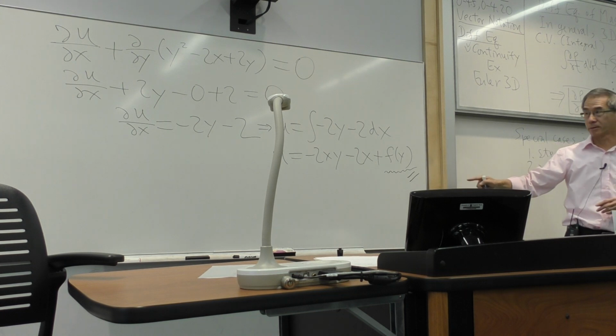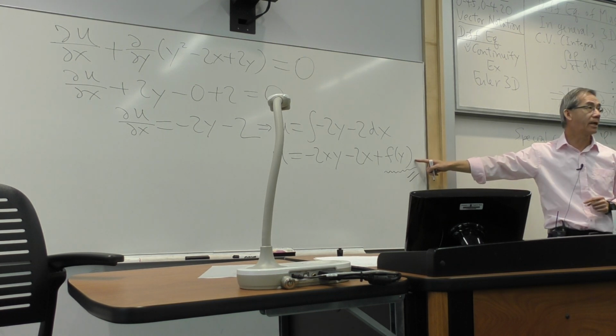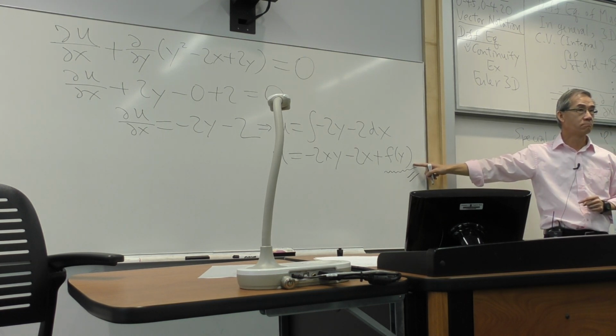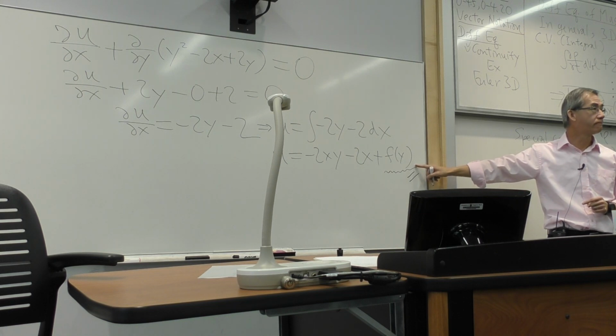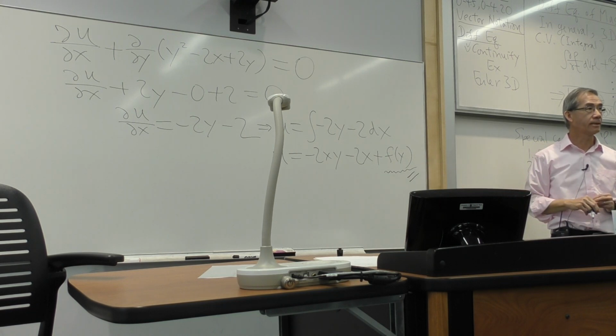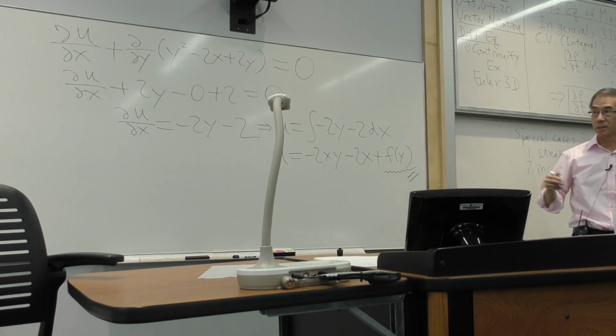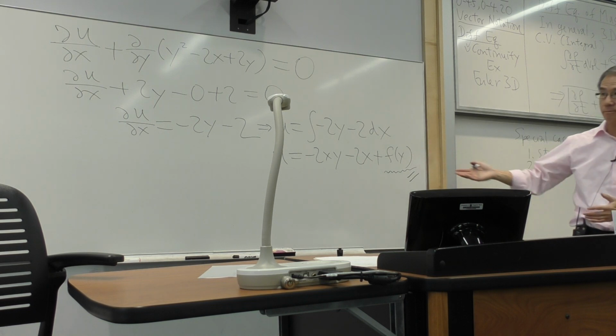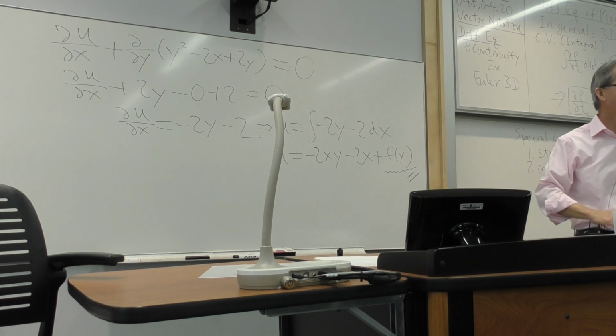And when you do that, because of the partial derivative, this doesn't have to be a constant. This could be a function of y, because when I differentiate that with respect to x partially, that's still 0. All right? So continuity can be used to look at other components of the velocity.